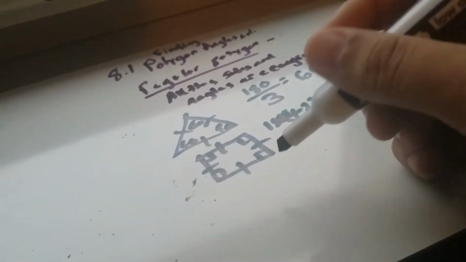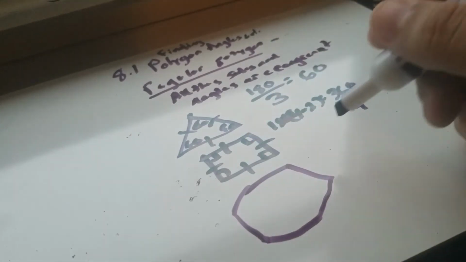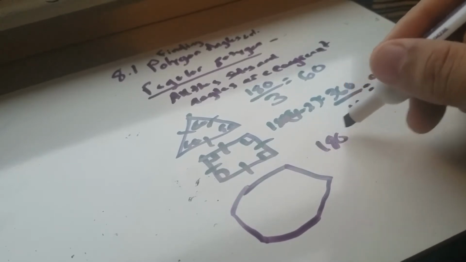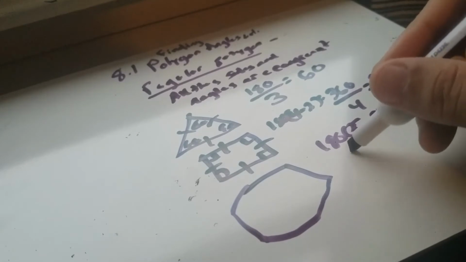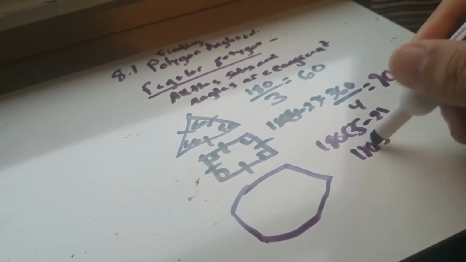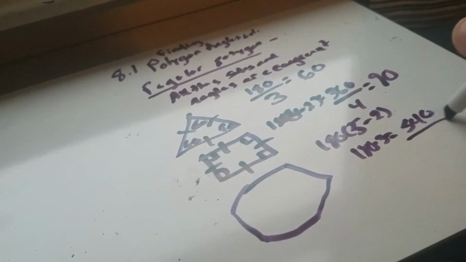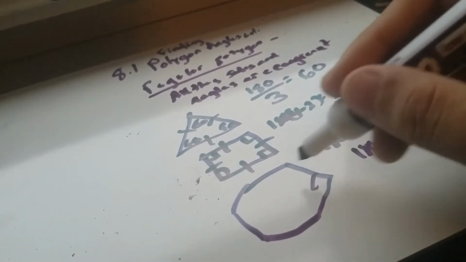So right now, I want you to try a pentagon. Pause the video or whatever. A pentagon, so that's a 5-sided shape. 180 times 5 minus 2, well, that's 180 times 3. That should be 540, divided by 5, because there's 5 sides, so there's 5 angles.